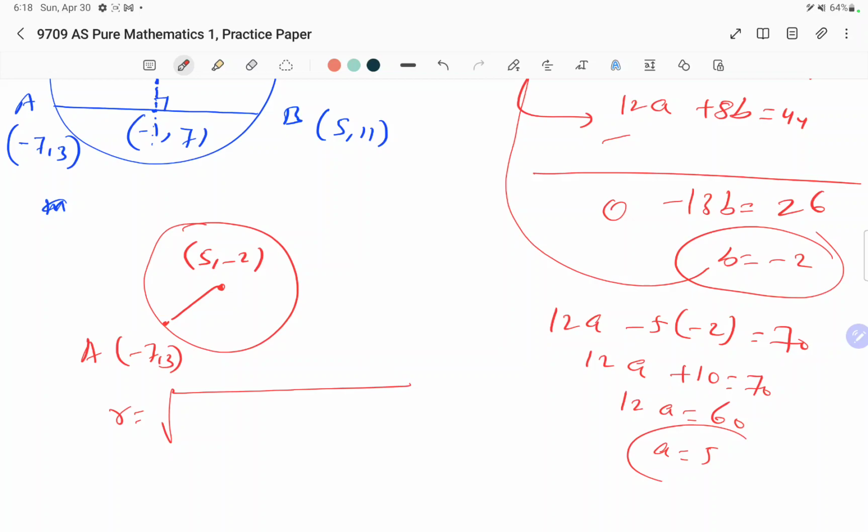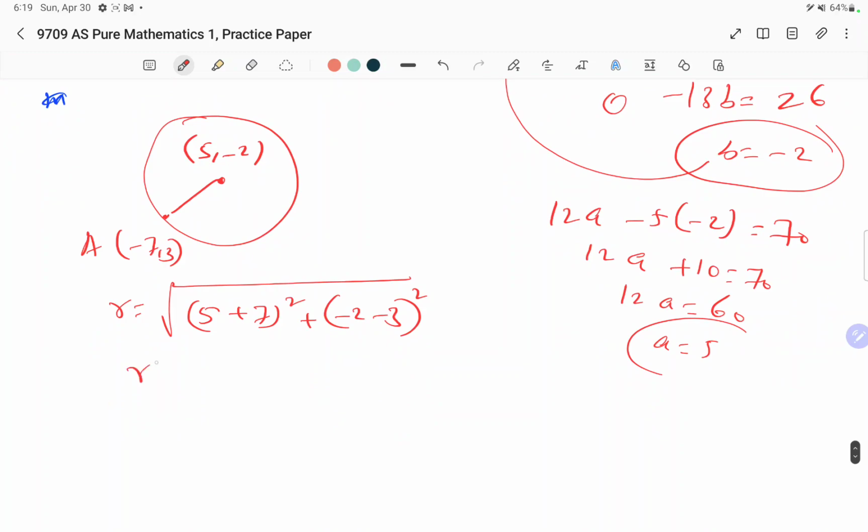Okay, so the distance is the square root of (x2 minus x1) whole squared plus (y2 minus y1) whole squared. So the difference of x squared, the difference of y squared, addition. Then this is 5 minus of minus 7, so 5 plus 7 whole squared, plus minus 2 minus 3 squared. So r will be the square root of 12 squared and minus 5 whole squared.